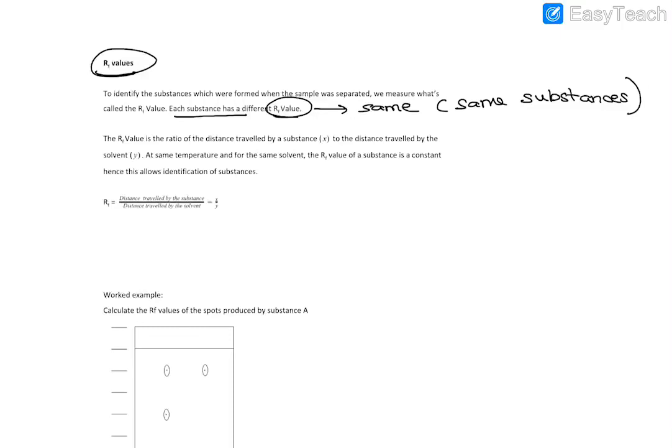So what is it? It is a ratio of the distance traveled by the substance or by the spot to the distance traveled by the solvent. Remember when we were talking about the solvent front? The solvent front is the distance traveled by the solvent.